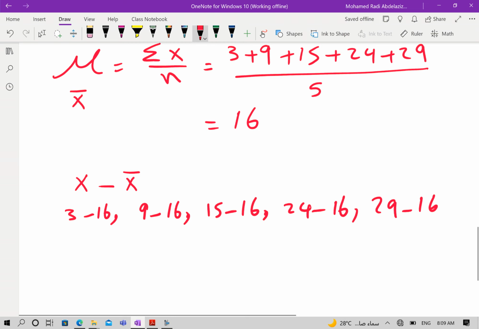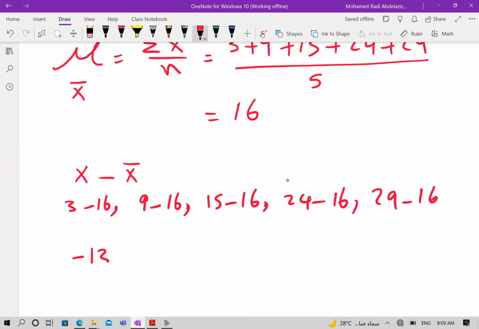The first is negative 13, showing that 3 is away from the mean by 13, and the negative shows this value is less than the mean by 13.